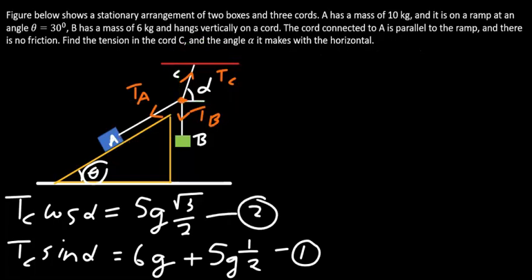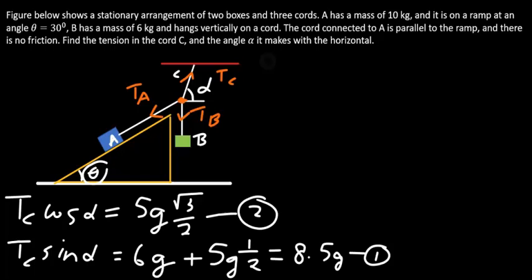What we are interested in is the tension in cord C, TC, and the angle alpha it makes with the horizontal. 2 equations, 2 unknowns. Of course, the right-hand side of equation 1 can be written as 8.5g. Now let's try to solve the 2 unknowns.